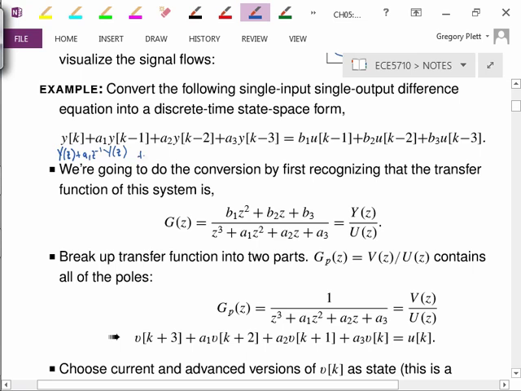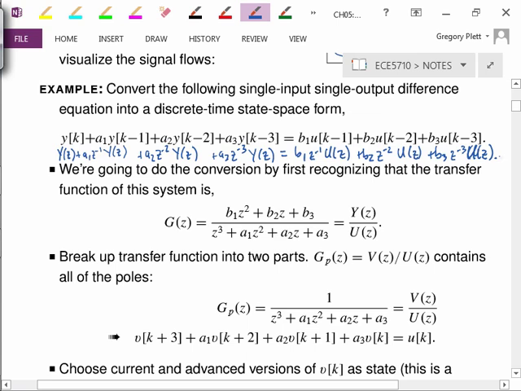So I can write that, and then I can write a2, there's 2 delays, so this is z to the power negative 2 times y of z plus a3, 3 delays, z to the minus 3, y of z equals b1, that's going to be z inverse, u of z plus b2, z to the minus 2 power, u of z plus b3, z to the minus 3, u of z.